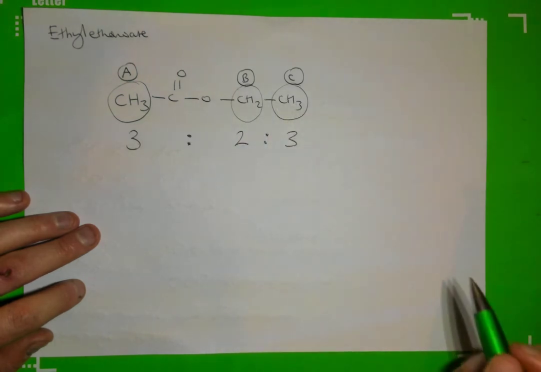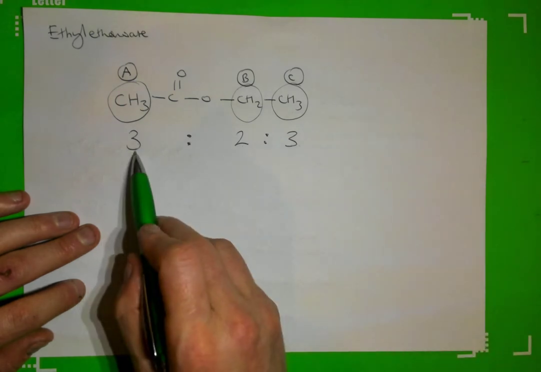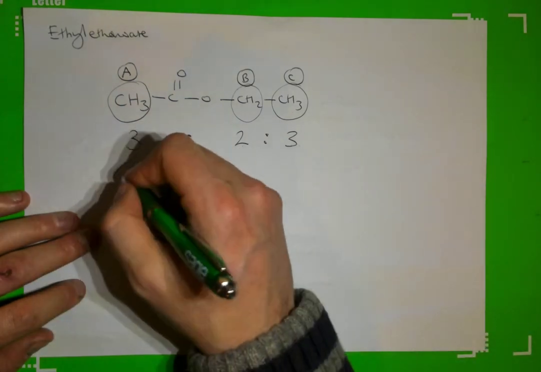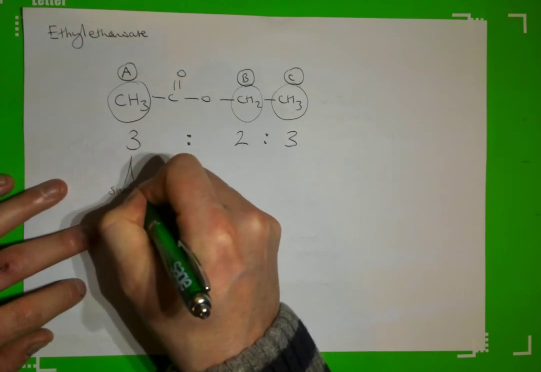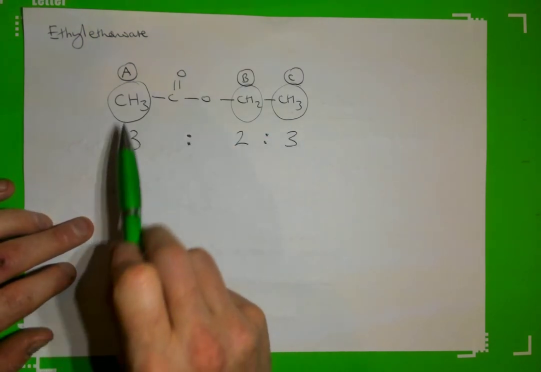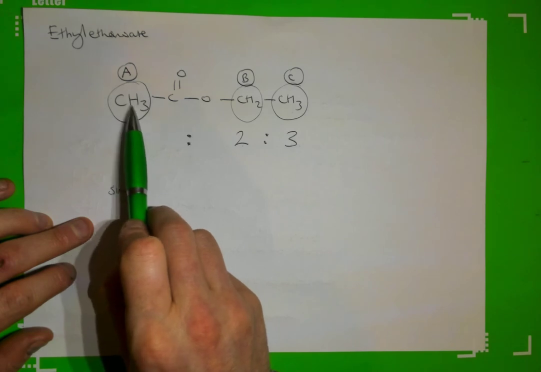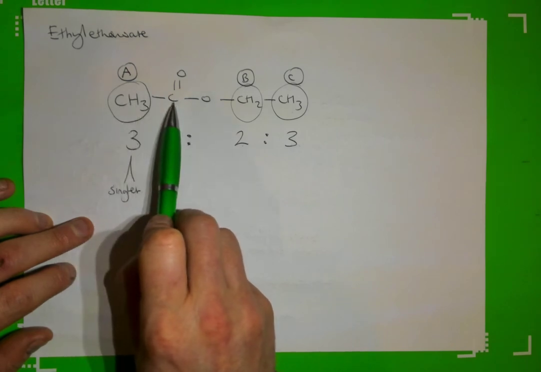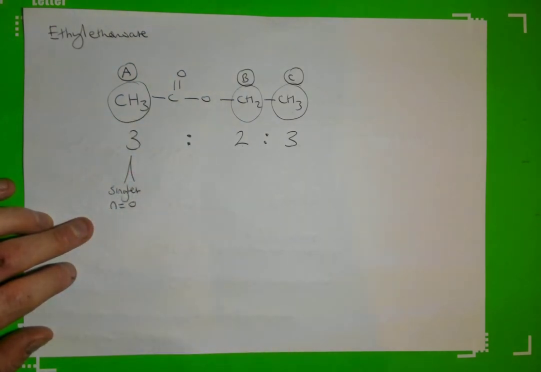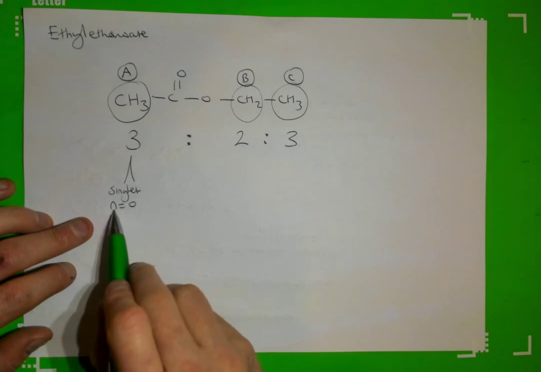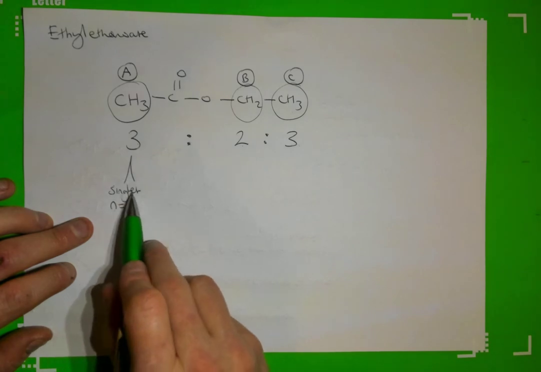Okay? Now, this one here would be a singlet. And the reason why that one will be a singlet is because its adjacent carbon has no hydrogens attached to it. So N is equal to 0. Remember the N plus 1 rule. So N is 0 plus 1, that's a singlet.